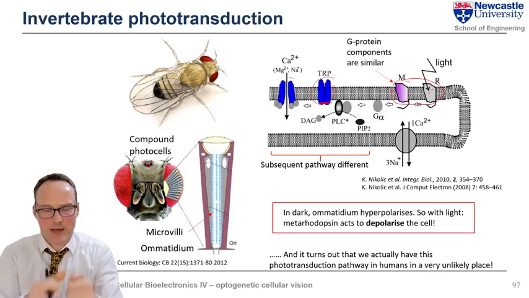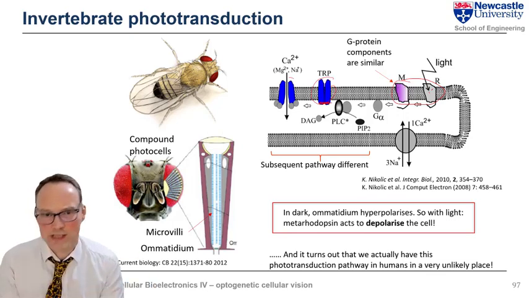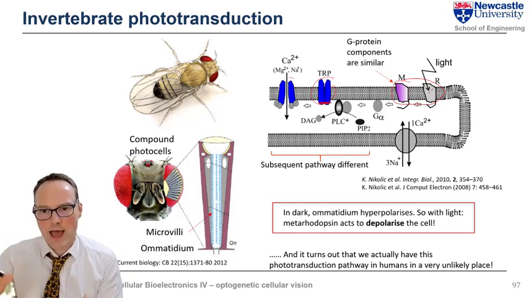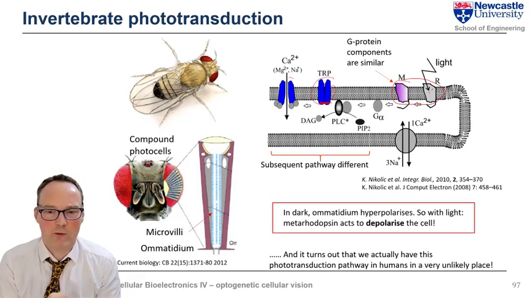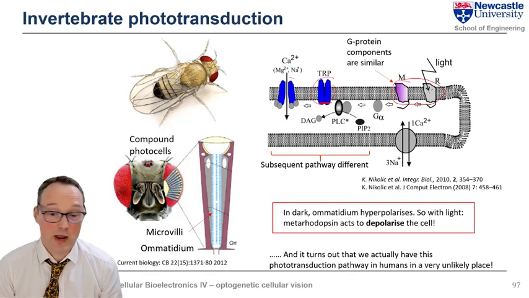It's a particular type of channel. So this is a more sensible approach: you have your standard cell, and as the channels open up, it gets depolarized, just as I've described before with neuron cells. Whereas in the case of the human eye, we have the opposite. We have that concept of a heated house where you leave the doors open. Very strange, but this is how we've been developed.